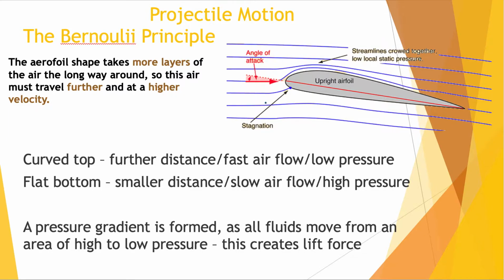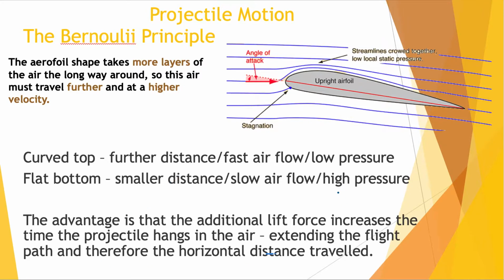We're going to talk about angle of attack in a little moment. So we've got the curved top, further distance, faster airflow, low pressure, flat bottom, small distance, slow airflow, high pressure. We've got this pressure gradient formed. As all fluids move from an area of high to low pressure, it creates this additional lift force.